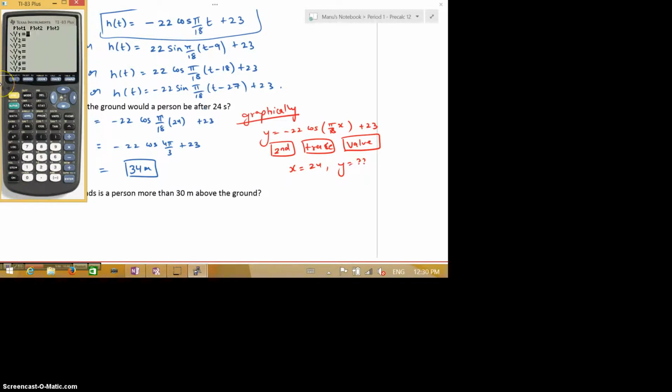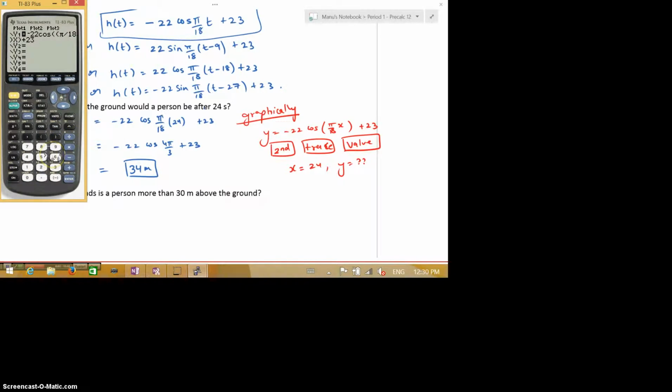And then the equation will go in here. Y equals negative 22 cosine, another set of brackets, pi divided by 18 x, bracket close, and then plus 23.